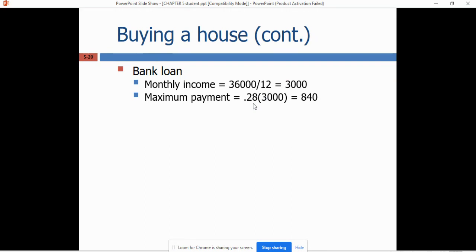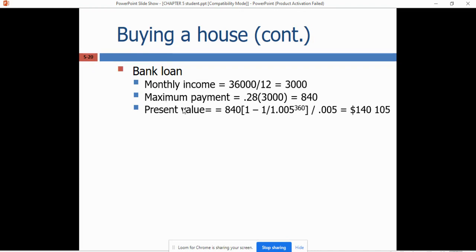So the bank says they can only give you 28% of your monthly income as your mortgage commitment. The next thing you're asked to calculate is the value of the loan you can get. Because you already have your PMT, now you need to calculate the present value.